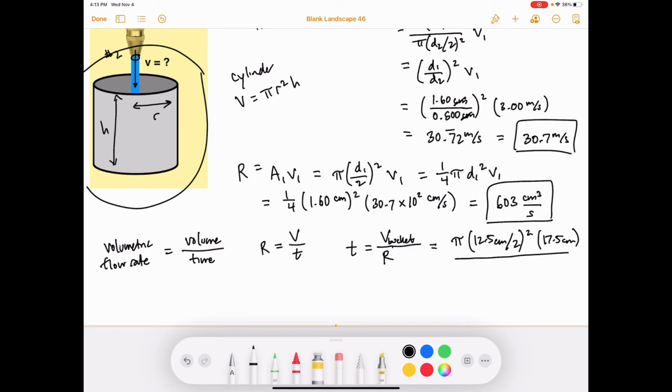Divide by the flow rate, 603 centimeters cubed per second, and now what we have is the time measured in seconds that it takes to fill up the bucket. And this should work out to 3.56 seconds. So the flow rate is pretty fast. It's able to fill up the bucket in a very short amount of time. It takes 3.56 seconds to do that.